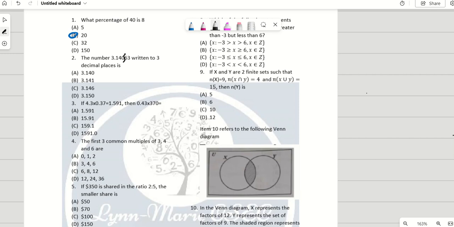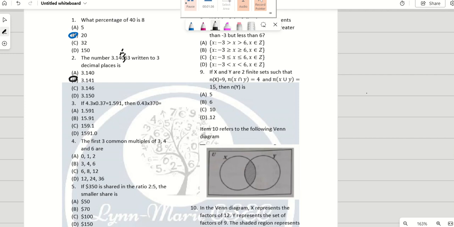And then you check to see if the number after the line is 5 or more. It is obviously more than 5. 6 is more than 5, so we have to add 1 to the digit right before your line, which is 0. So your answer would be 3.141, which is B.